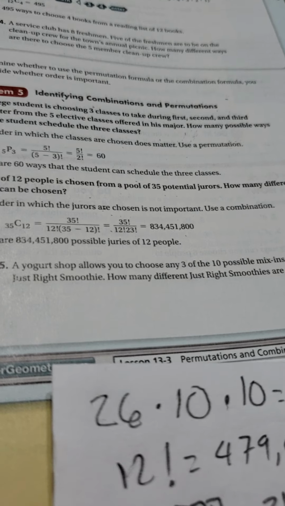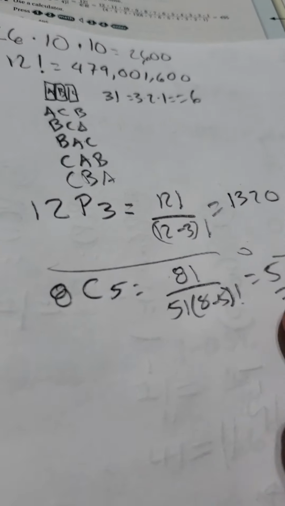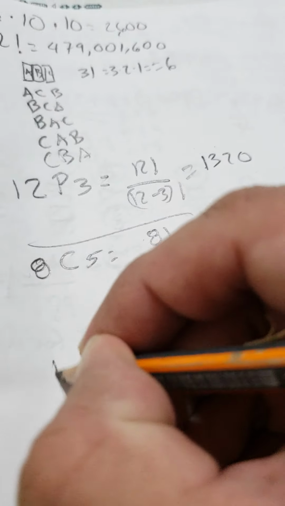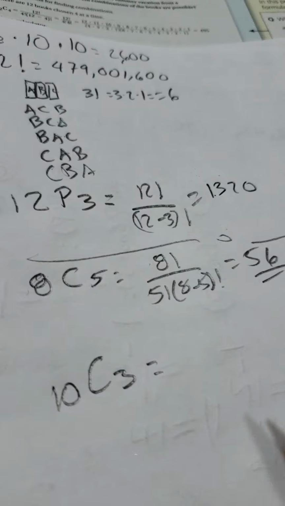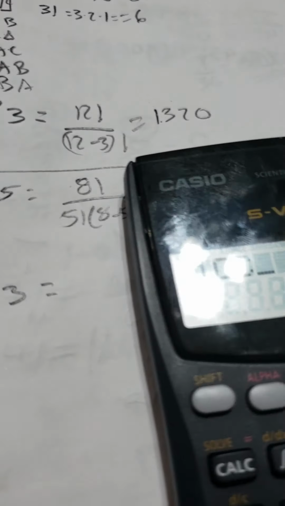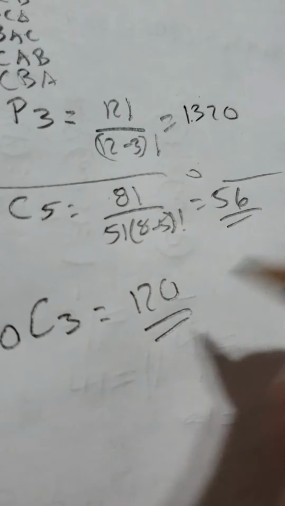It doesn't matter if you want chocolate first or vanilla at the end. No. You only choose. From 10, you may combine in 3 different ways. Now, it will be 10 combination of 3. And we get the answer, 120. That's it.